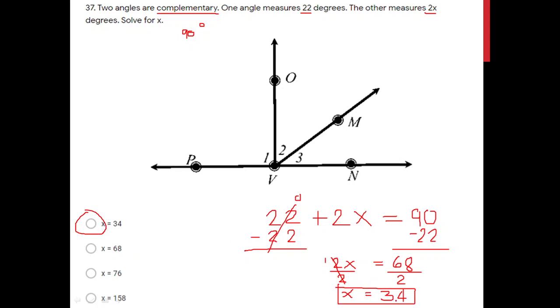Let's substitute 34 here and see if we could come up with 90. If x is 34, then 2 times 34 is equal to 68. 68 plus 22 is equal to 90. Therefore, we get the correct answer, that 22 plus 68 is equal to 90, wherein our x is equal to 34.